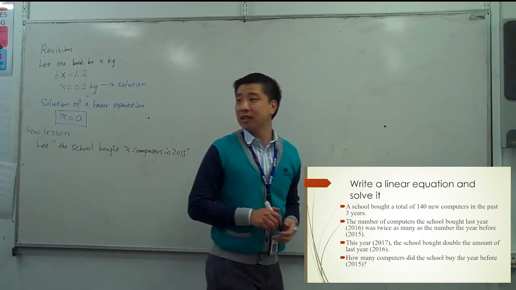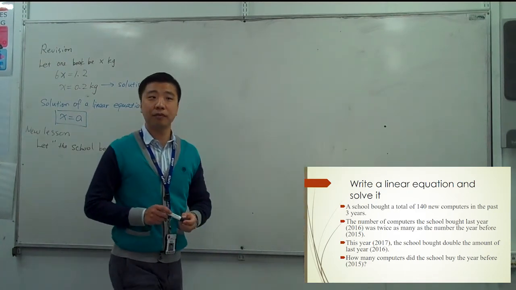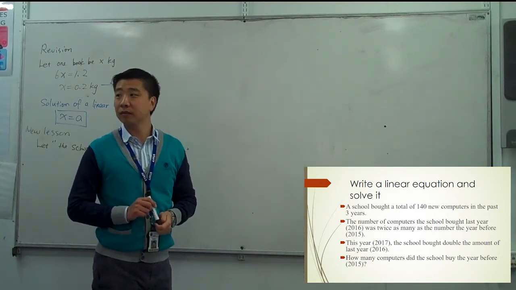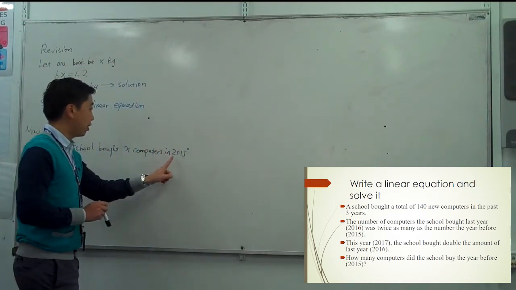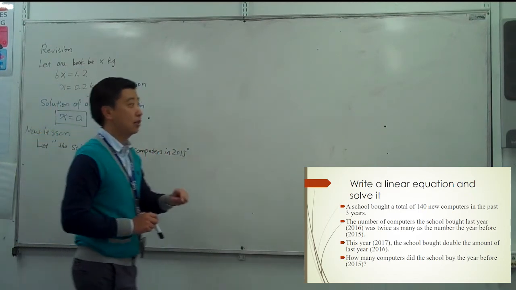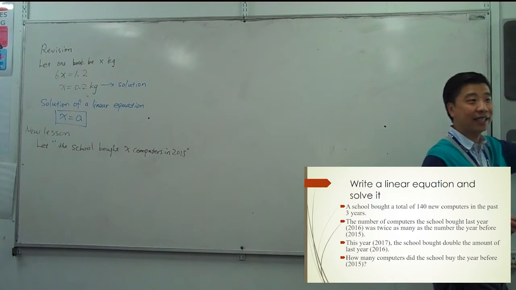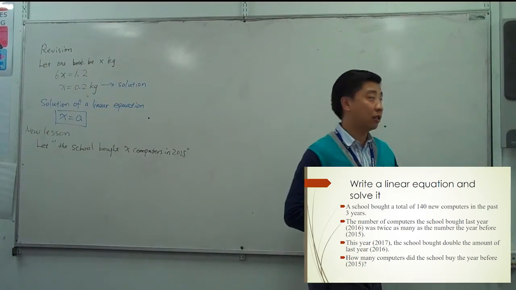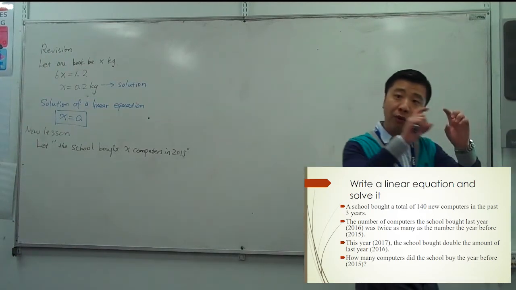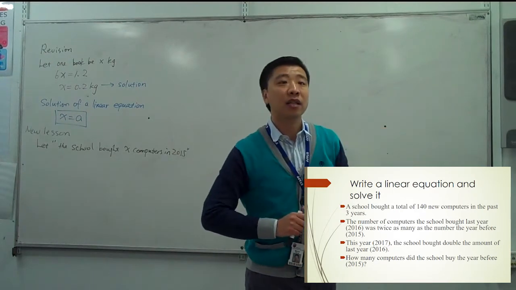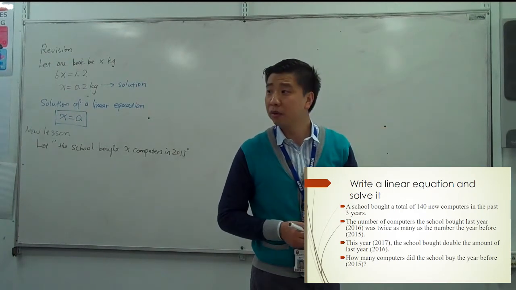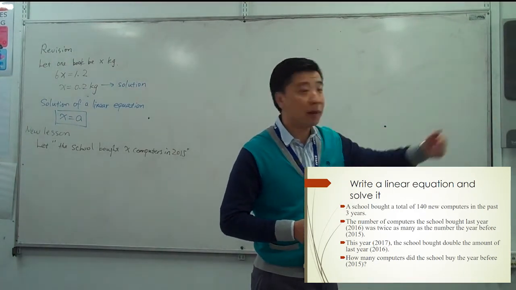What does this sentence tell you? 2015 is x. How about 2016? It's 2x. Which phrase tells you that is 2? Very good. Twice as many as x.